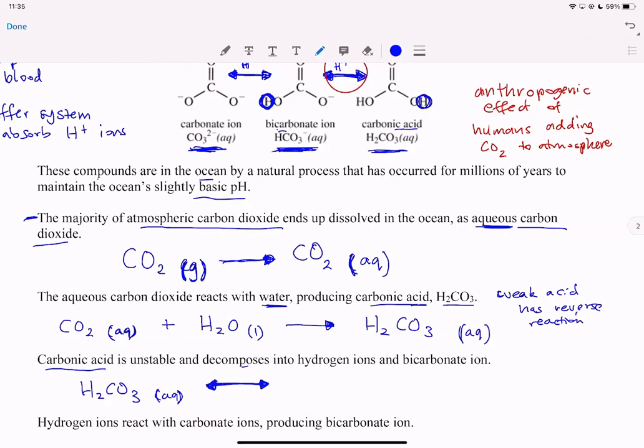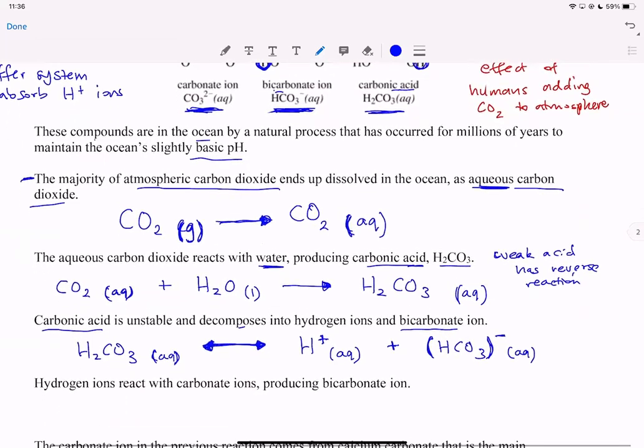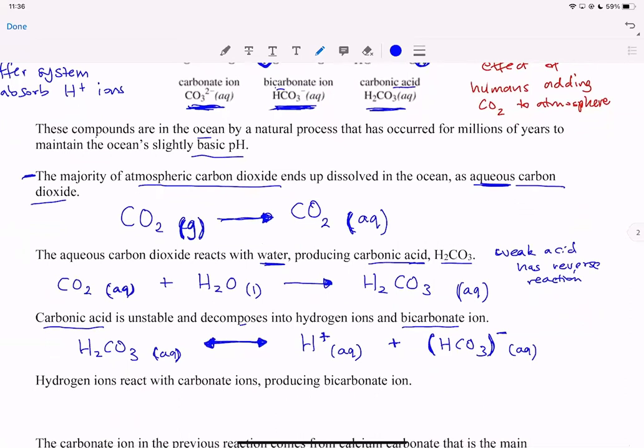So this decomposes into hydrogen ions, H+, and those hydrogen ions are still dissolved in the ocean, so they're still aqueous physical state. And then there's also the bicarbonate ion, HCO3-, which is also still dissolved, so that's aqueous physical state. This is still balanced.